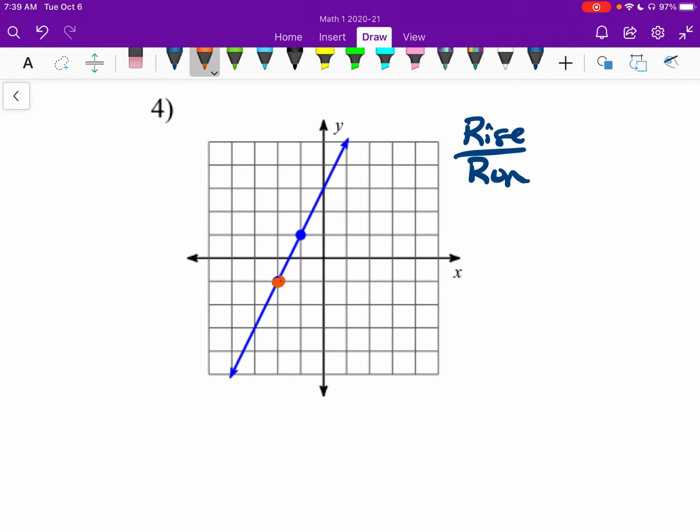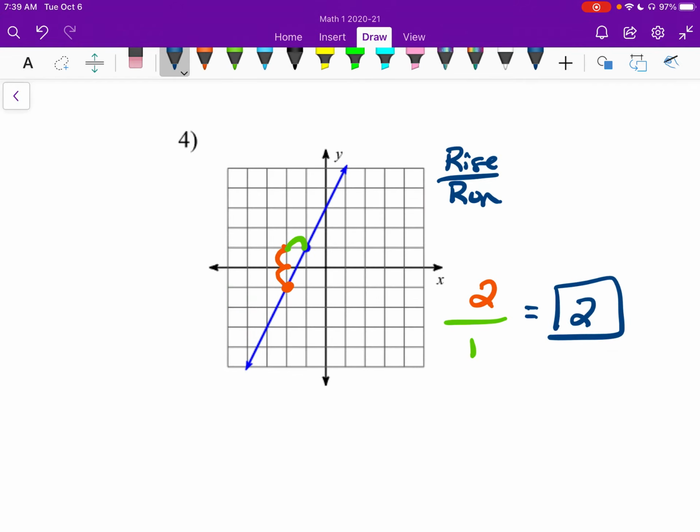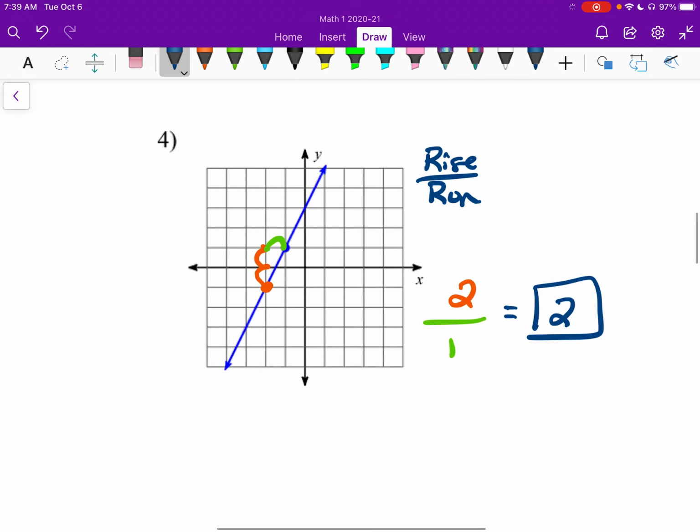So let's take this point here and we'll rise 1, 2. We went up 2 spots. And then the run, we move right one spot. So 2 over 1. And 2 over 1 can simplify to just plain old 2. So our slope in this case is just a plain old 2. And it's positive because the line is going up.